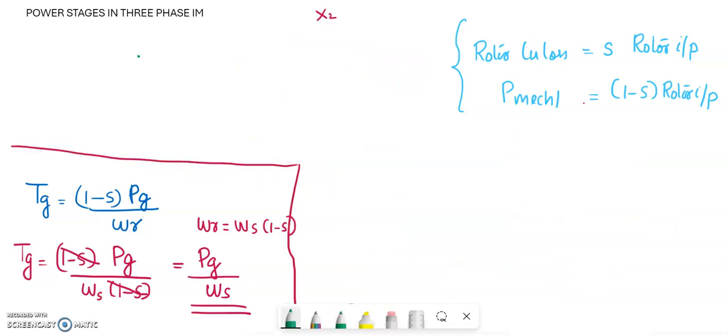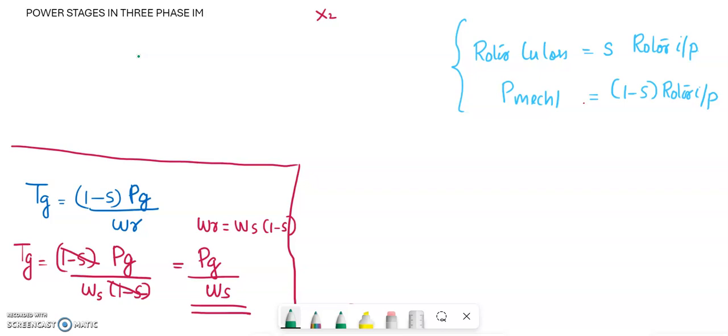Also we know from the power flow diagram that the mechanical power developed in the rotor is converted into rotor output and mechanical losses.